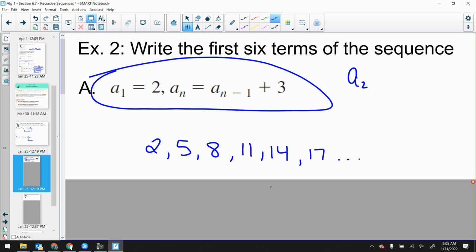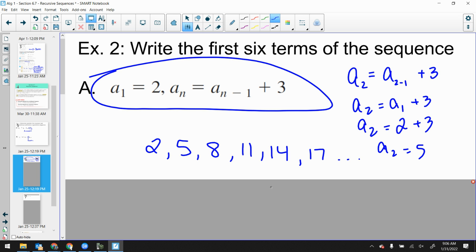If I want the second term, then a sub 2, what is a sub 1? 2. Don't get confused about that 2 and that 2 being the same thing. That's just coincidental.